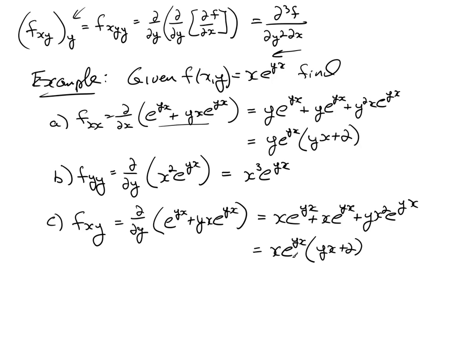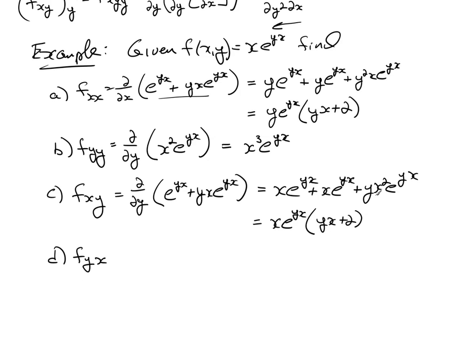Then the last one that I want to look at, call this one D. I want to look at fyx. Well, that is going to be the partial with respect to x of the partial with respect to y, and that was right here. So I need the partial with respect to x of this guy, which I'm taking with respect to x, so again I have that product rule.